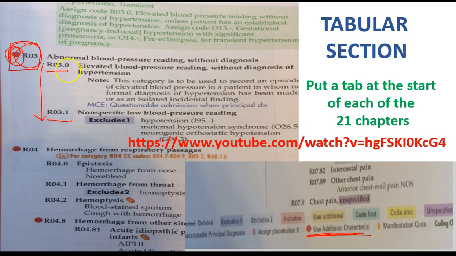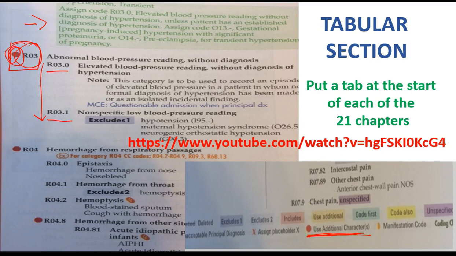So R03.0, which is what we came back here to look at, says elevated blood pressure reading without a diagnosis of hypertension. And then it gives us a little note and tells us what this category is to be used for. And we also have a note right above there telling us when and how to assign this code from this category. So you see there is a lot of information once you get back here.